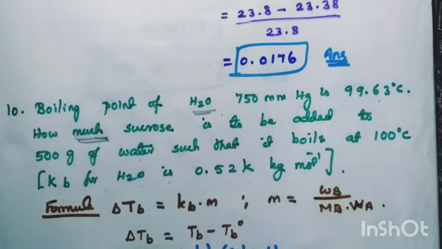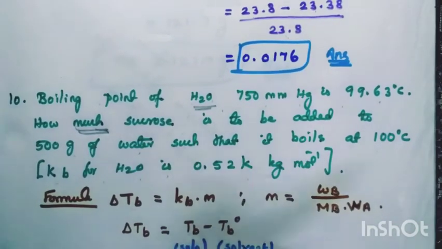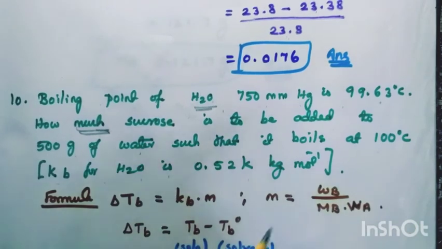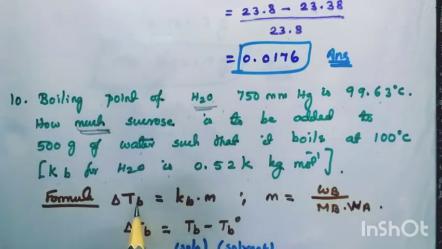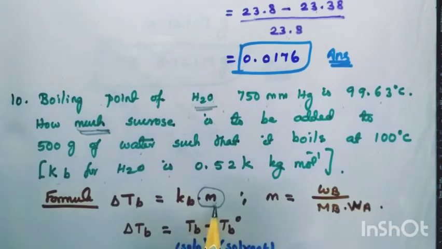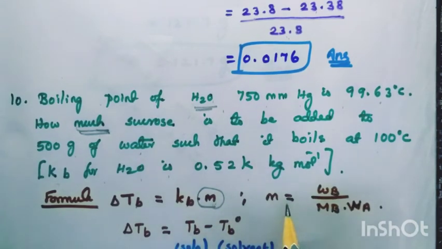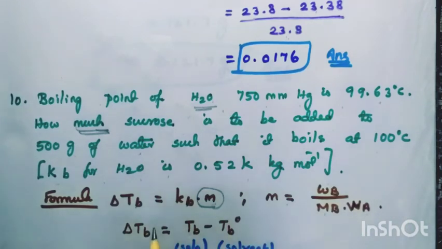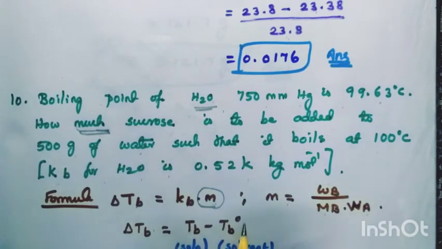So, first we have to write what are the formulas we are going to use here. That is, delta TB is equal to Kb into m. What is this m then? m is equal to WB by MB into WA. That is, delta TB is equal to TB minus TB naught.